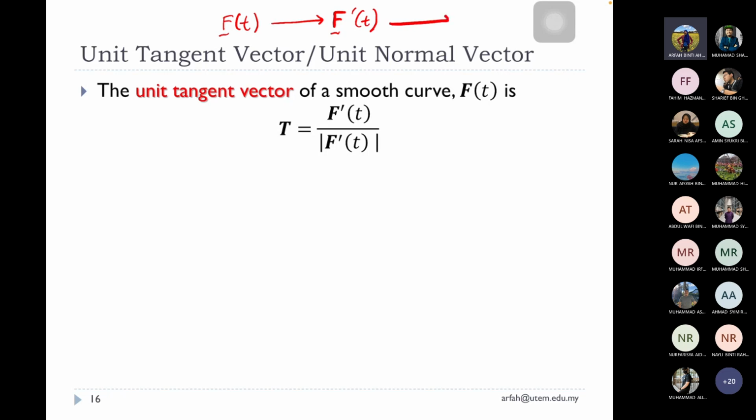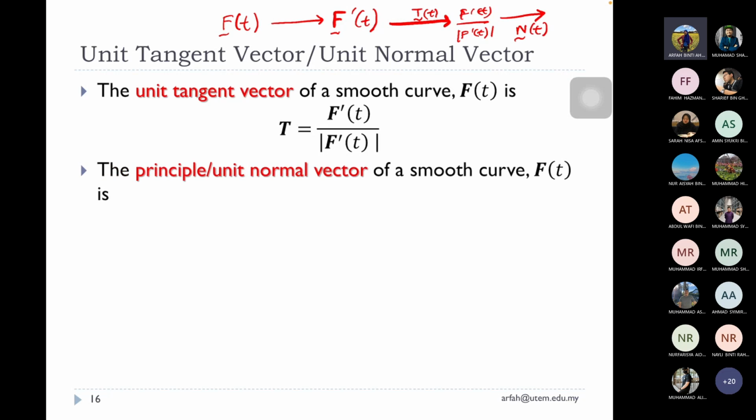So daripada sini awak boleh dapatkan dia punya unit tangent vector, dan daripada unit tangent vector nanti kita boleh dapatkan pula dia punya unit normal vector N of t, given that the derivative exists. So that is the formula for unit tangent vector.